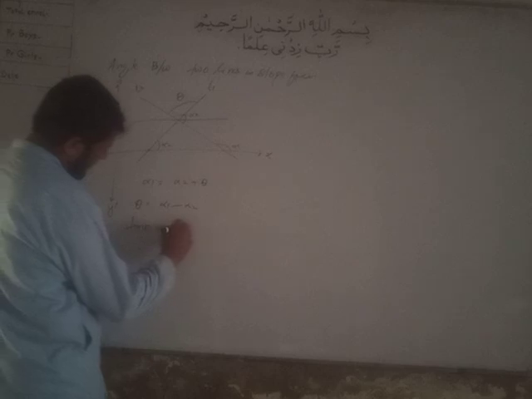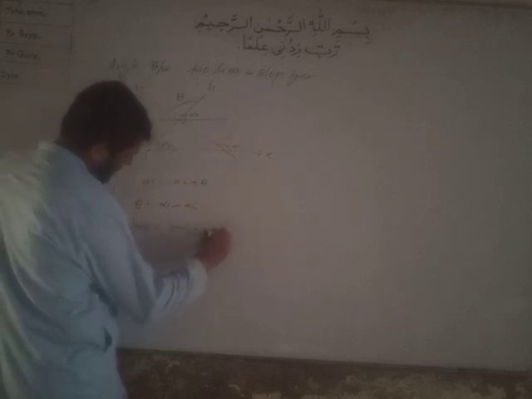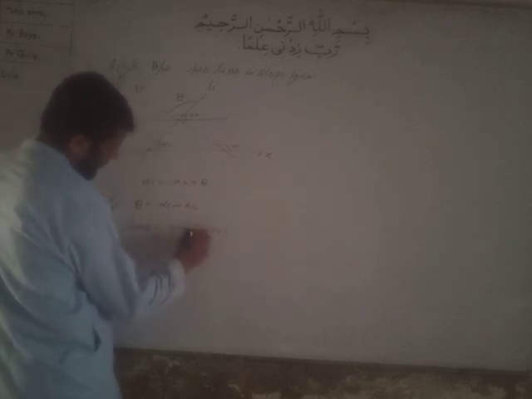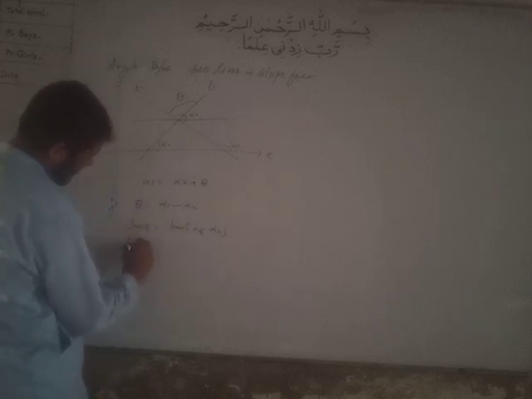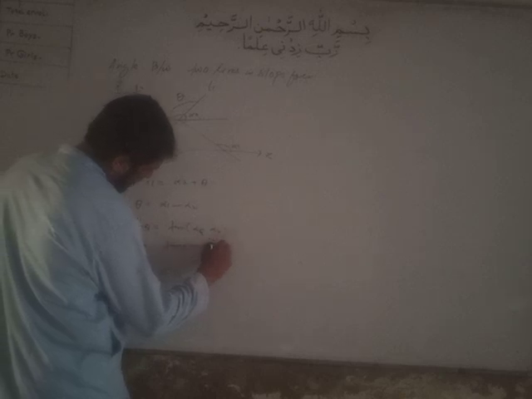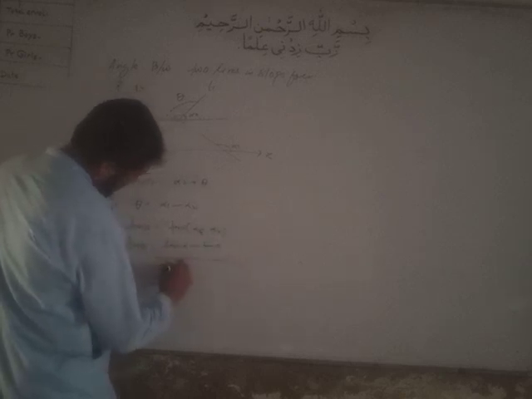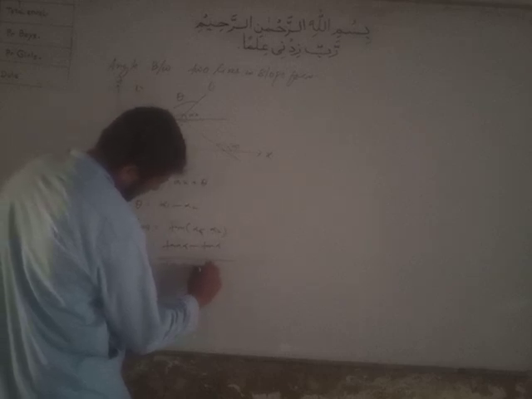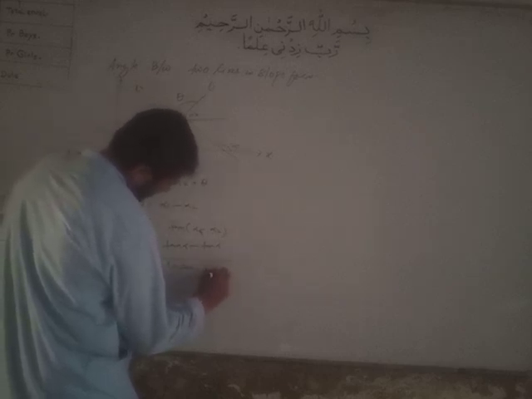So tan theta is equal to tan of alpha 1 minus alpha 2. So this will be tan theta is equal to tan alpha 1 minus tan alpha 2 upon 1 plus tan alpha 1 and tan alpha 2.